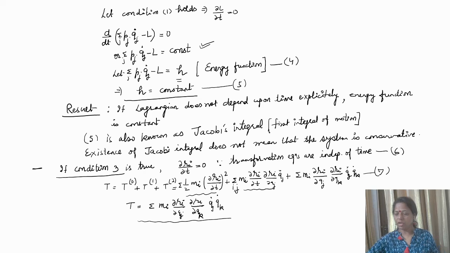So we will use Euler's theorem, which says that sum of q_j dot delta T by delta q_j dot may be written as twice T, because it is a homogeneous quadratic function of order 2.